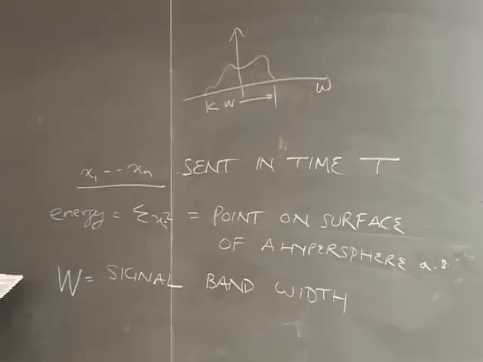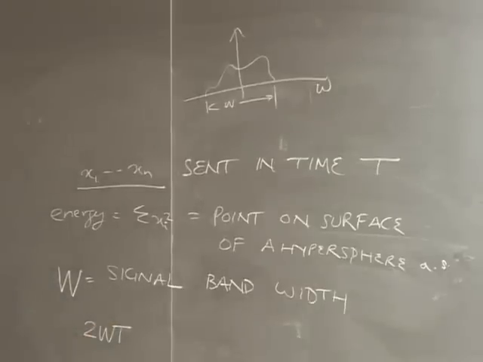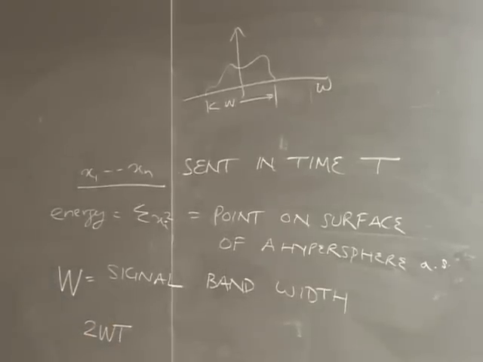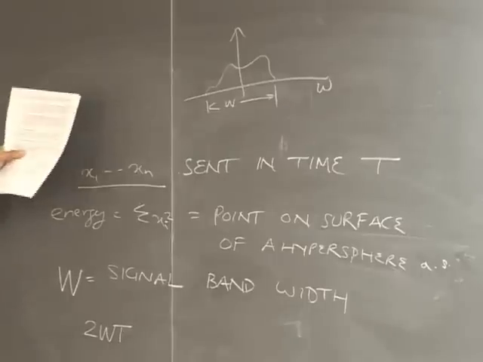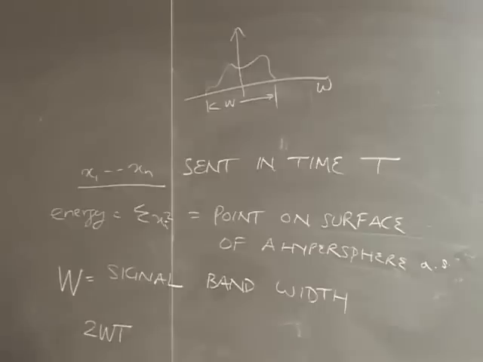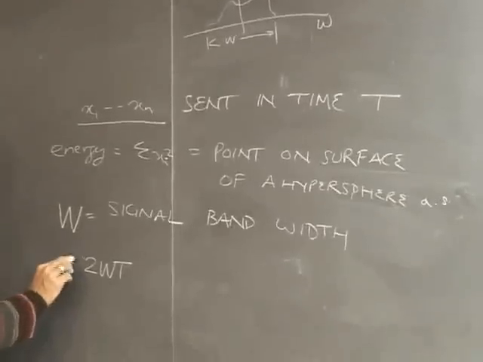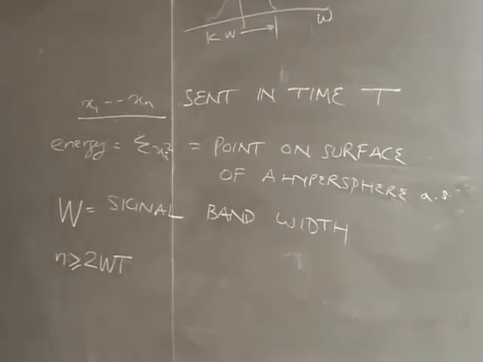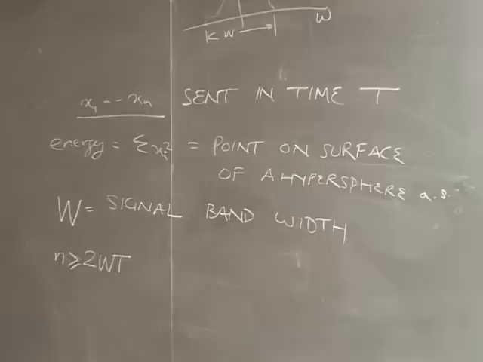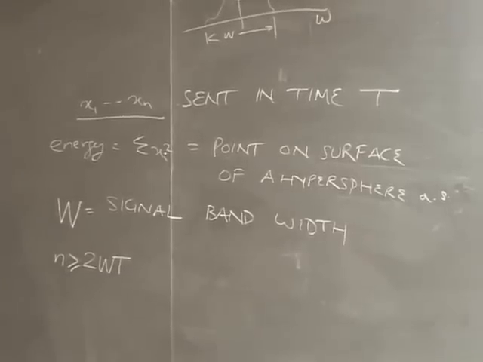Then basically we can see that 2WT should be the number of signals to be sent, okay, for us to completely capture the signal over here. So in other words, we want n to be greater than or equal to 2WT. Otherwise we don't have enough samples. Okay, this is sort of the sampling theorem. We ignore the 2 pi for now. This is all we care about.